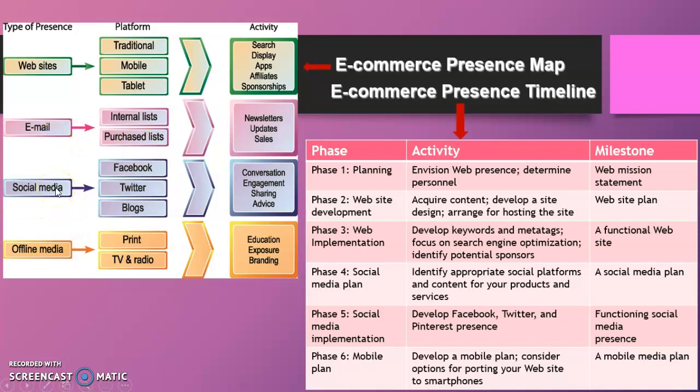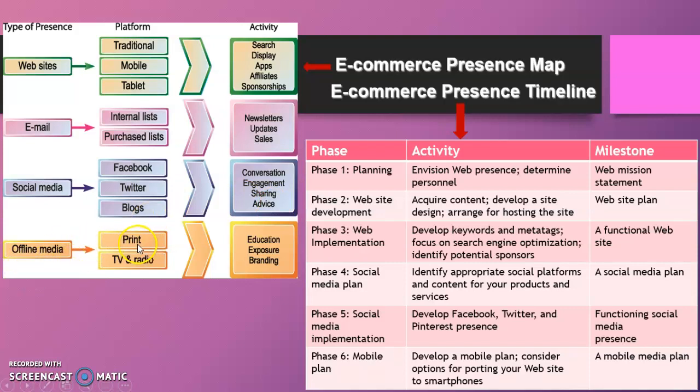Then item number 3 is about social media. You want to use Facebook, Twitter, and the blog. You have to put together the conversation, the engagement between the supplier and the customer, the sharing, and also the advice. The last one is offline media.